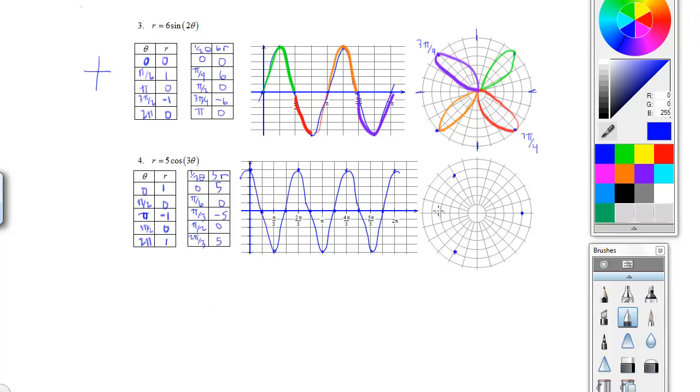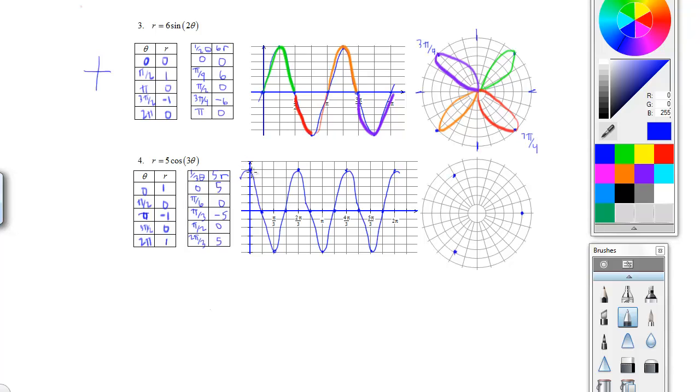And at pi, we're going to go to negative 5, which is actually going to land right back on this point again. And at 4 pi over 3, we go to positive 5, which is already there. And at 5 pi over 3, which is down here, we go to negative 5, which is also already there. So the graph just wraps around on itself twice.